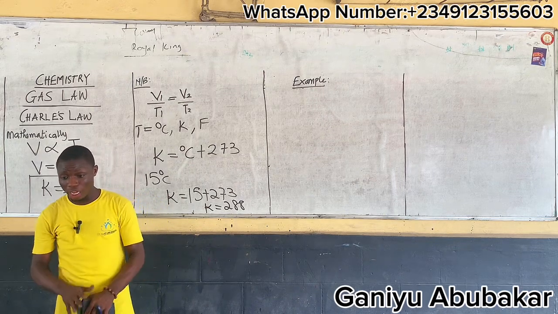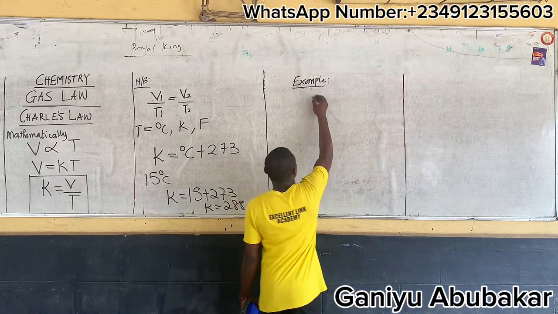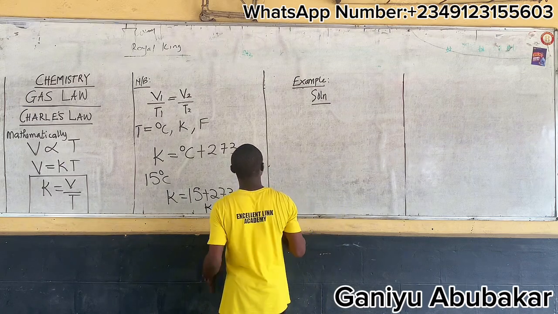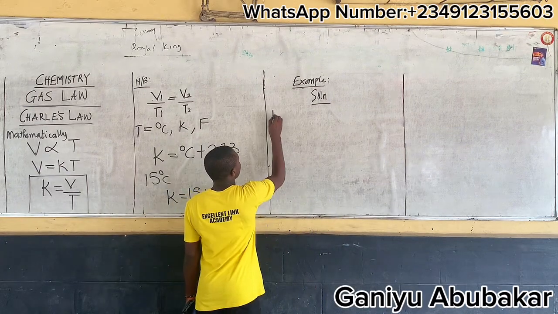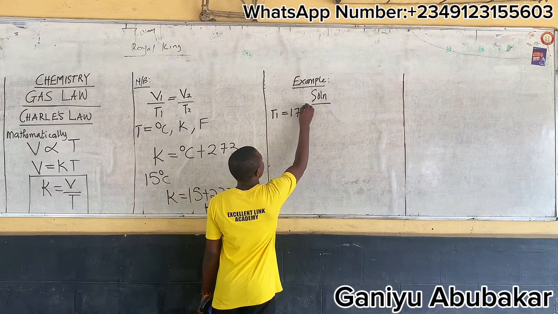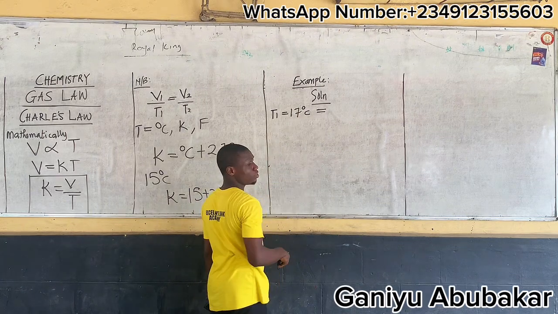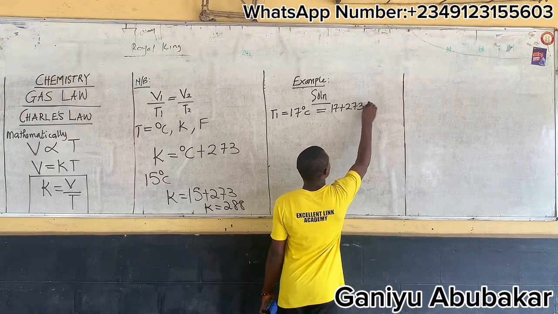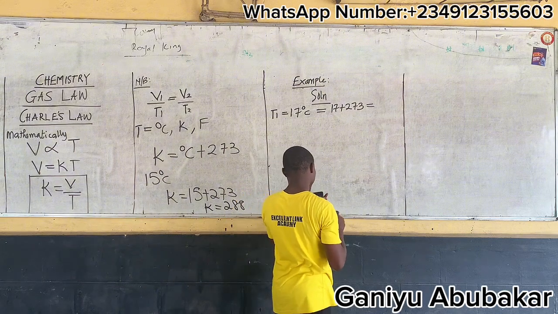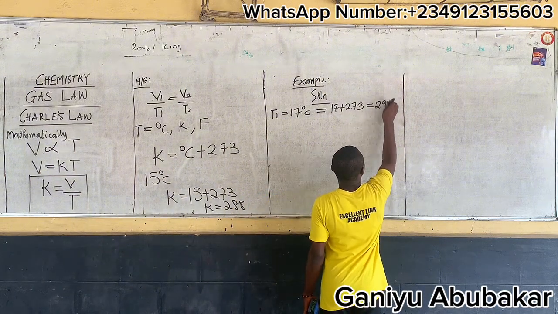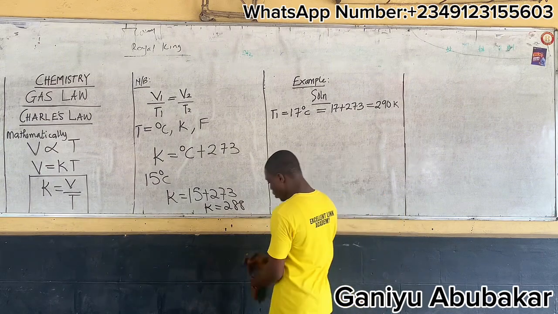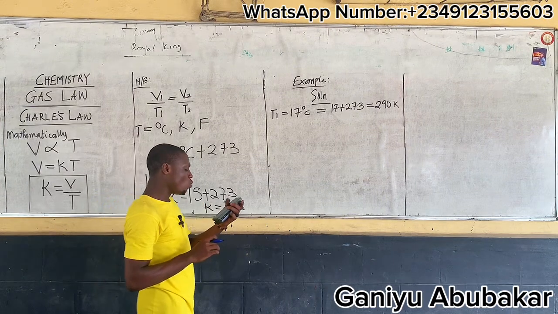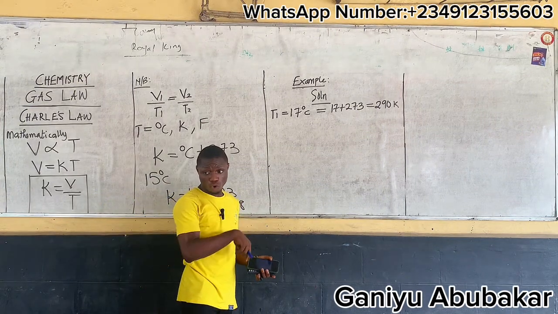Of course, Charles' law. So first, write out what we are given. At 17 degrees Celsius, that's T1. Convert to Kelvin: 17 plus 273 is 290 Kelvin. The gas occupies 125 centimeter cube, that's V1.